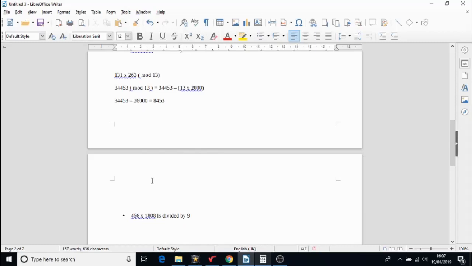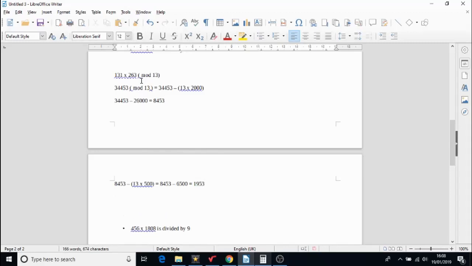We're going to use that multiple, so we're going to do 8,453 minus 13 multiplied by 500, which is 6,500. 8,453 minus 6,500 gives us 1,953.